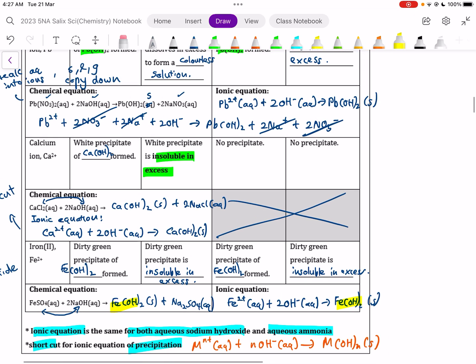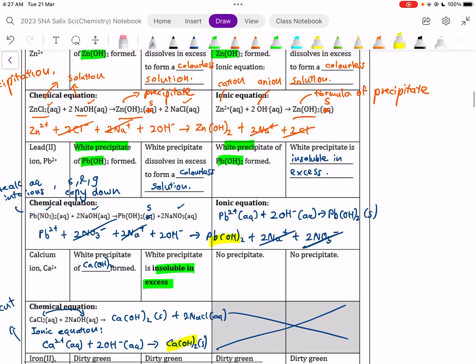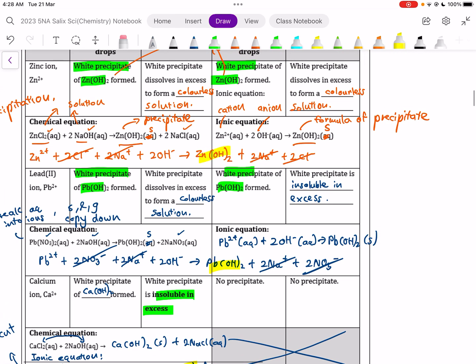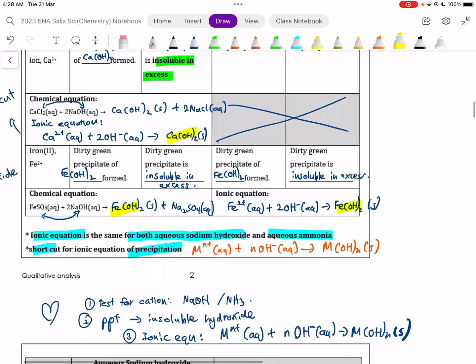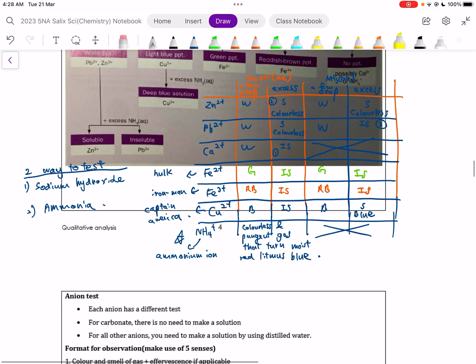The white ones are calcium hydroxide, lead 2 hydroxide, and zinc hydroxide. So the precipitates that you get are all insoluble hydroxides.